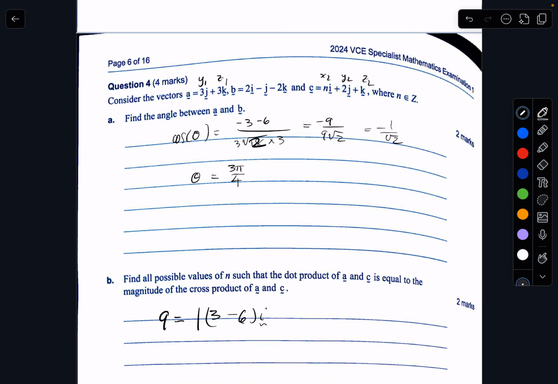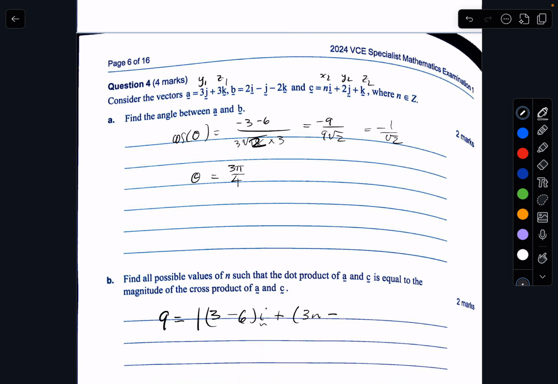And then plus x2, z1. Now x2 is n, and then z1 is 3, so 3n. And then minus x1, z2.